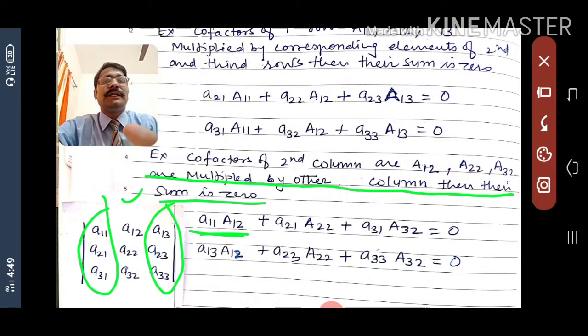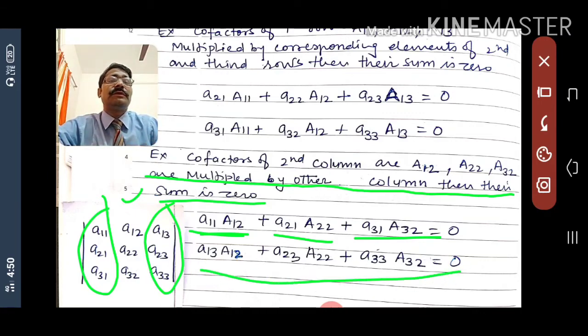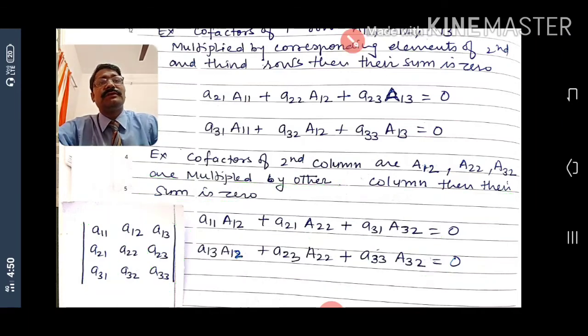So small a11 times capital A12 plus small a21 times capital A22 plus small a31 times capital A32 equals 0. Similarly, for the third row also, if we multiply by the cofactors, the answer will be 0. This type of question is generally given in multiple choice questions, asking which statement is true and which is false.